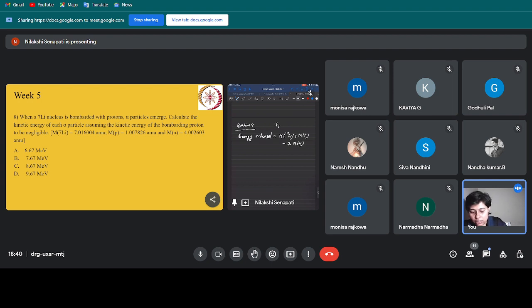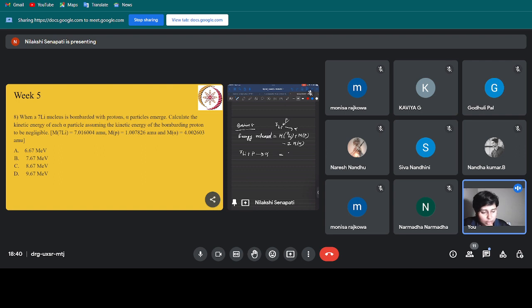Because 7 lithium nucleus is bombarded with protons and alpha particles emerge. So what we need to calculate is 7 lithium plus proton minus 2 m alpha, because of the alpha particles.